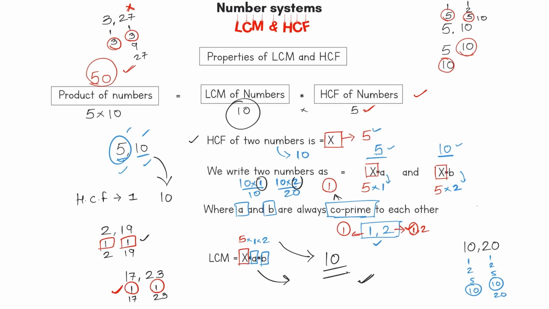So my x here is 10, my a is 1, my b is 2. 10 into 1 into 2 is 20. And that is nothing but the LCM, the least common multiple of 10 and 20, which is 20. Take any two random numbers, you will always see that these properties hold true with respect to LCM and HCF. So please make sure you practice this enough, because in the next section we will see the application of these properties.